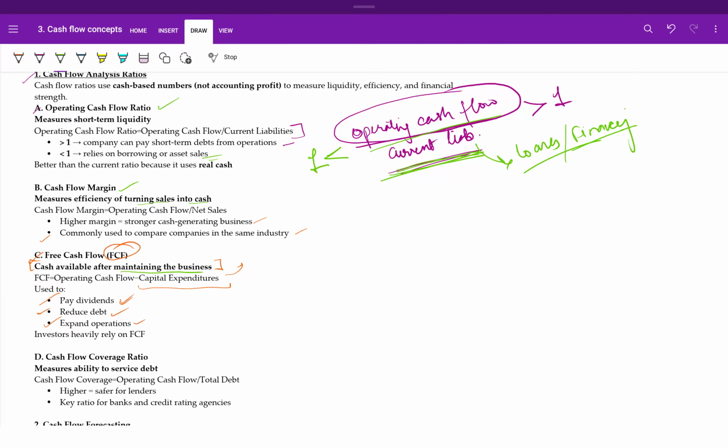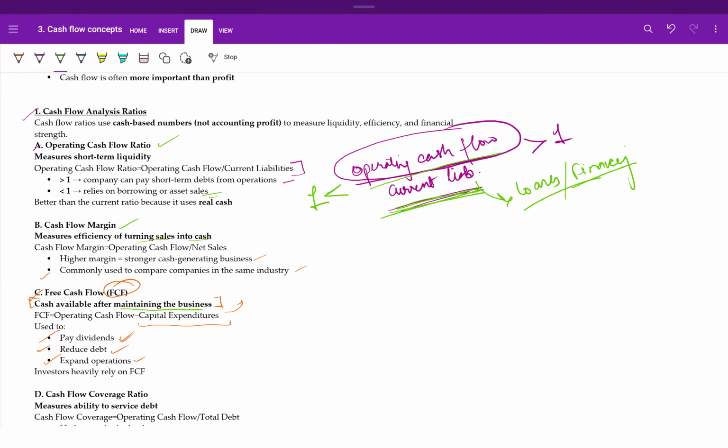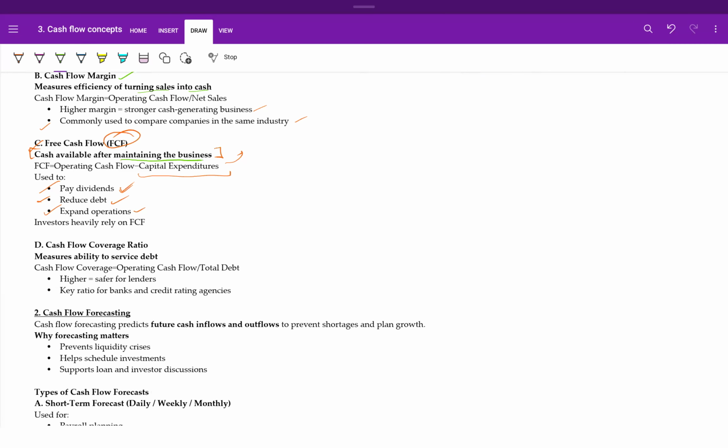Okay, so now let's talk about the cash flow coverage ratio, which is the last ratio of the cash flow analysis ratios. The cash flow coverage ratio measures the ability of the company to service its debt.